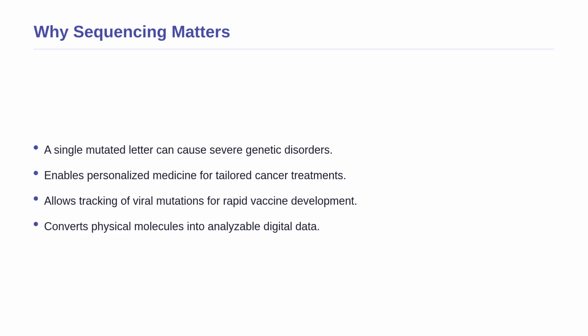In the real world, sequencing is the backbone of personalized medicine, allowing doctors to tailor treatments to a patient's specific tumor. It also allows scientists to track viral outbreaks and develop vaccines rapidly. Without it, we would be completely blind to the molecular causes of disease.